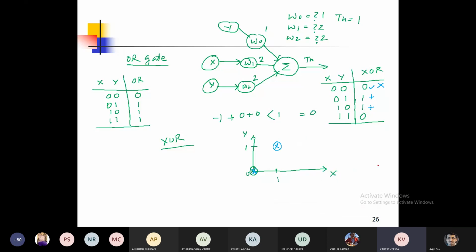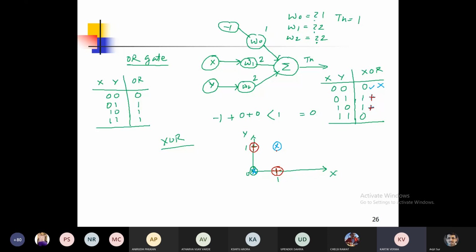So 1 for plus. So dekho, 0 1, that is, x 0 y, so this is 1 point, and 1 0, this is another point.